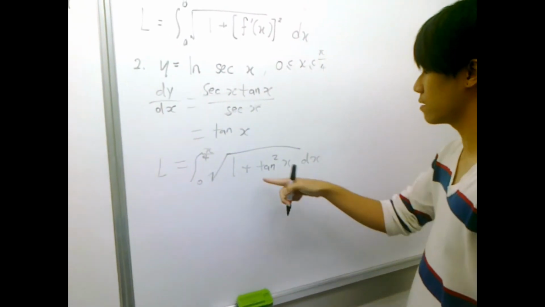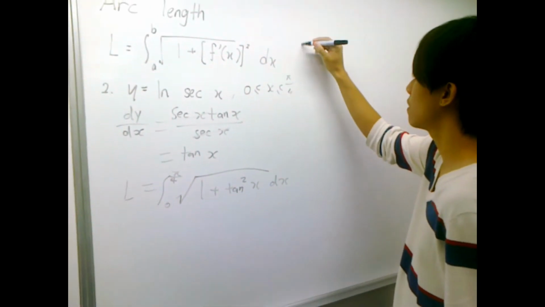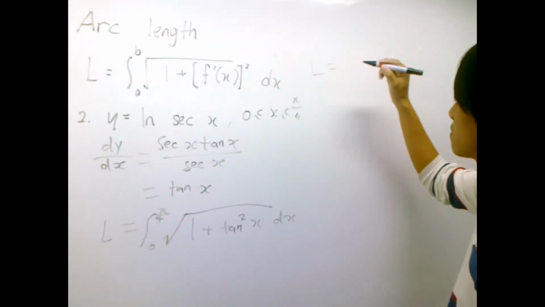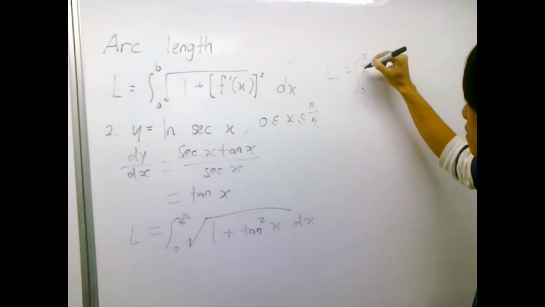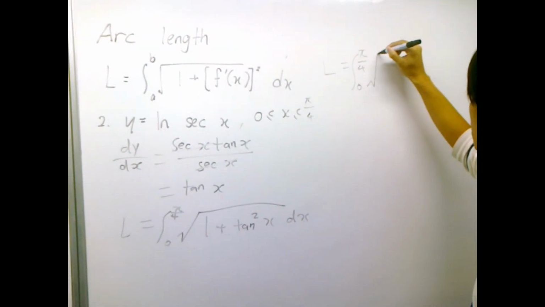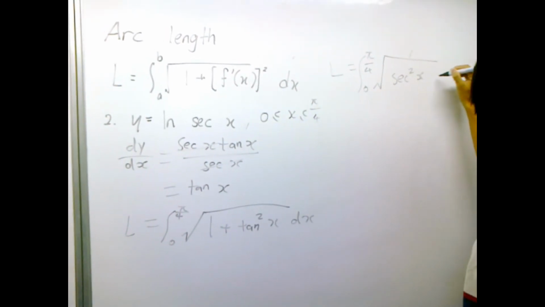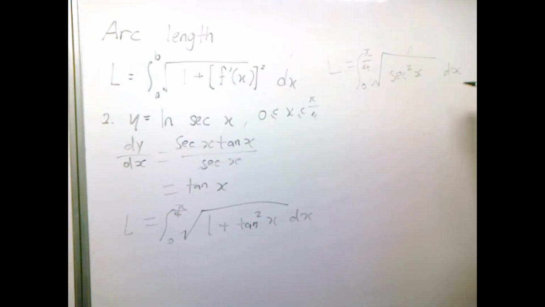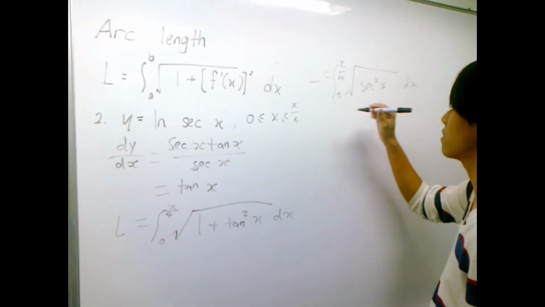And as we know, 1 plus tangent squared x equals secant squared x. So the power and the root cancel each other off.